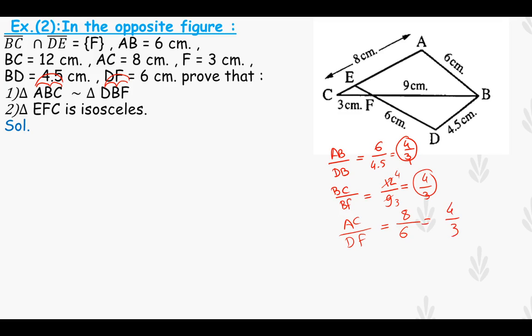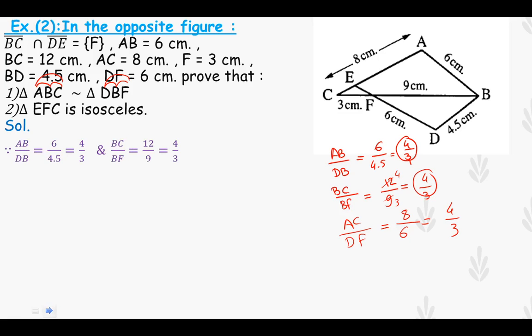So now you know that all the corresponding sides of the triangles are proportional, so the two triangles are similar. Here we want to prove that triangle EFC is an isosceles triangle. Let's solve the first requirement together by using the PowerPoint.